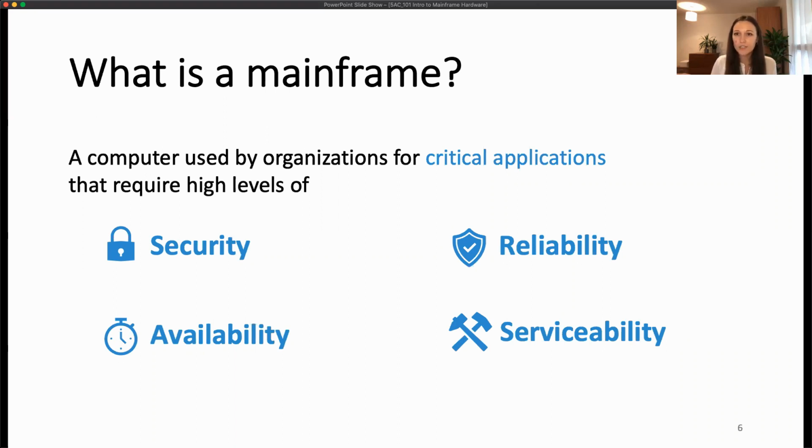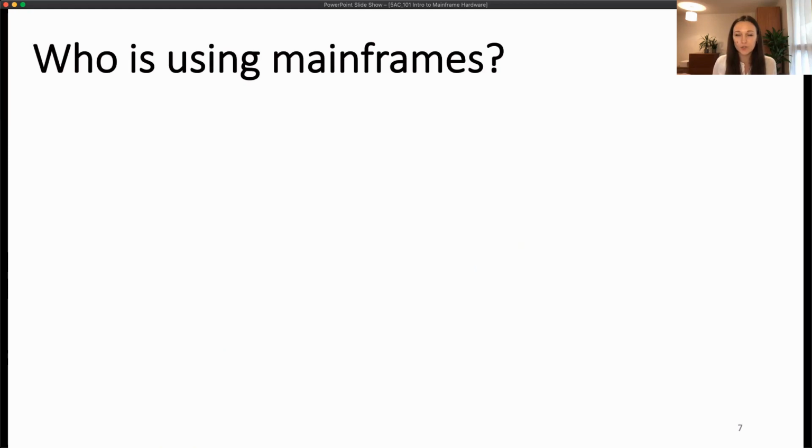But the architecture of a mainframe is specifically designed to be a great fit for those really critical applications. And in the first part of the session, we will explore why the mainframe architecture is such a good fit for those critical applications.